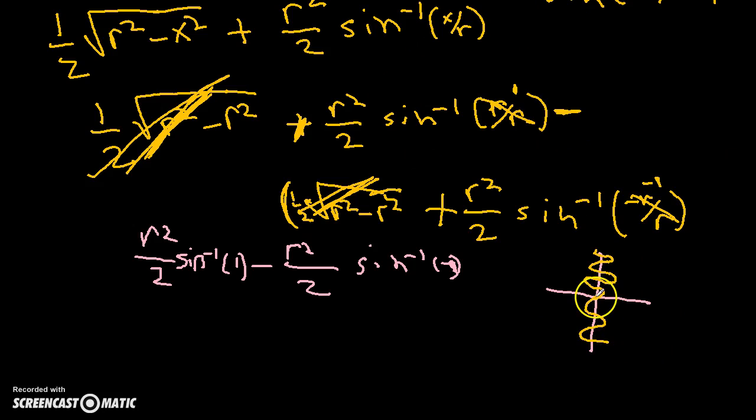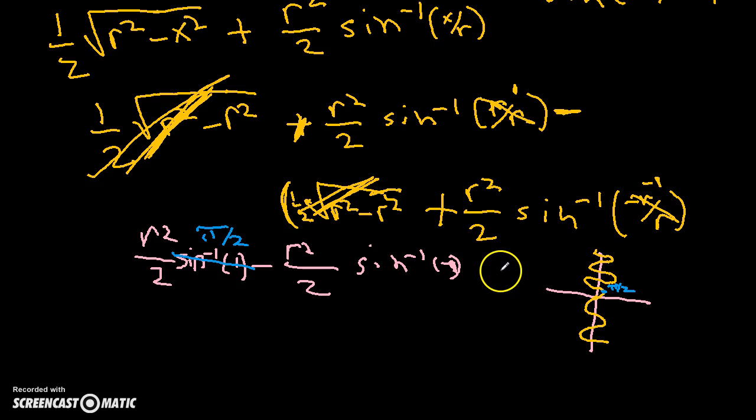When we have x equals 1, the y coordinate is equal to pi over 2. Okay, so now we can cross that out, and that's just pi over 2.